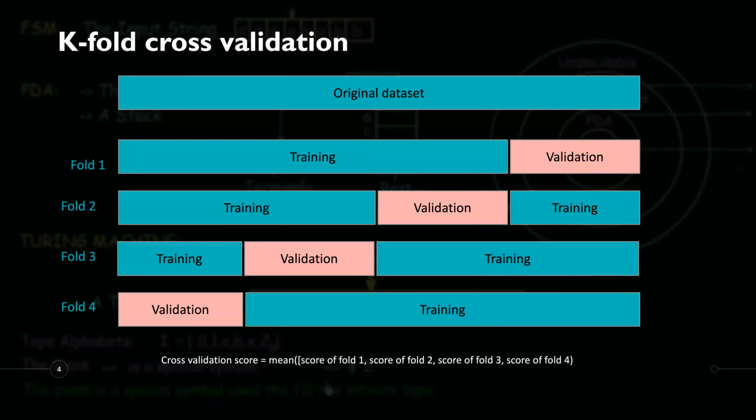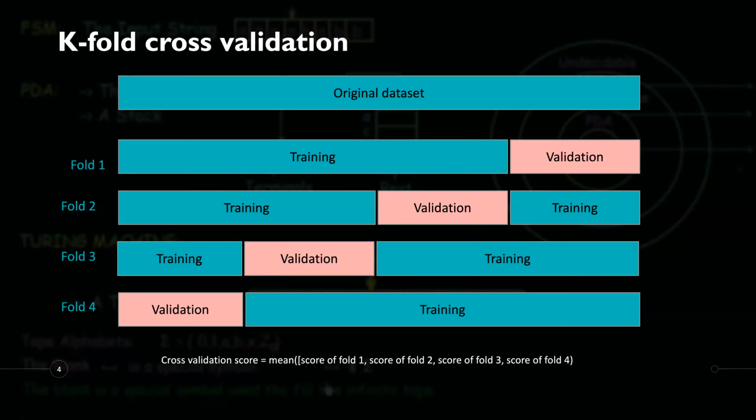The difference is, for fold 1, we keep the first 75% of the data for training, and use the remaining 25% of the data for validation. And for fold 2, we use, let's say, the first half of the data and the last quarter of the data for training, and use the third quarter of the data for validation, and so on and so forth.